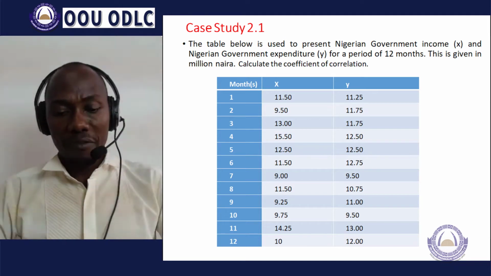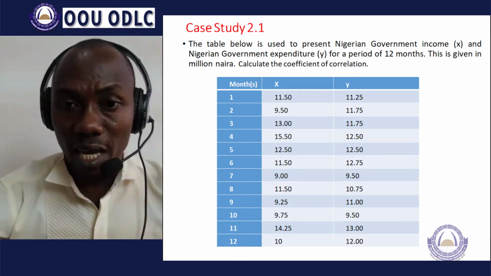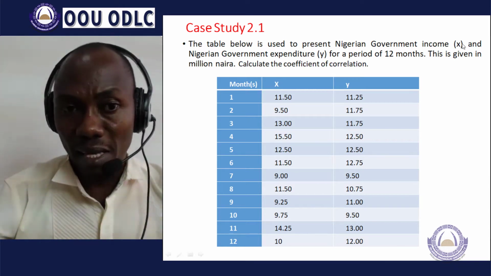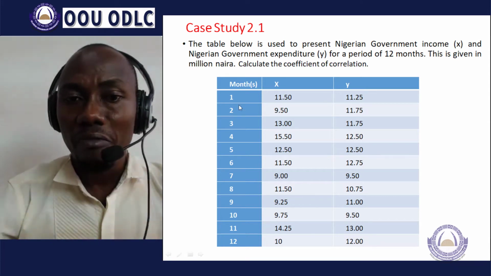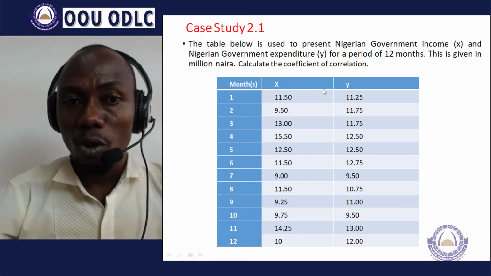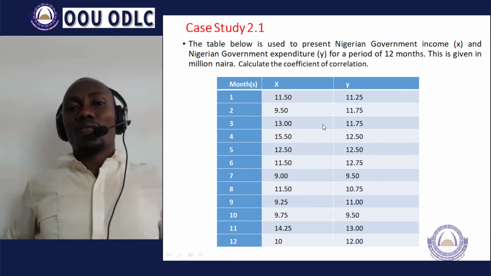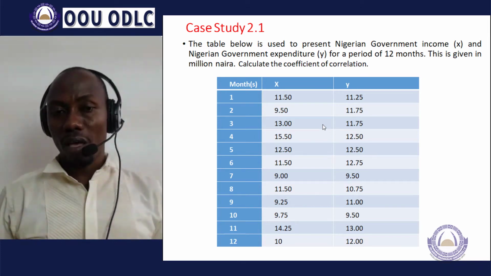Here we have the data set of Nigerian government income represented by X and Nigerian government expenditure represented by Y for 12 months. The income is measured in millions of naira. We are expected to calculate the Pearson's product moment correlation coefficient.